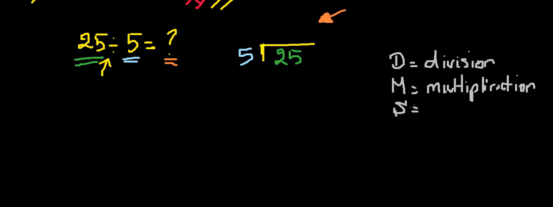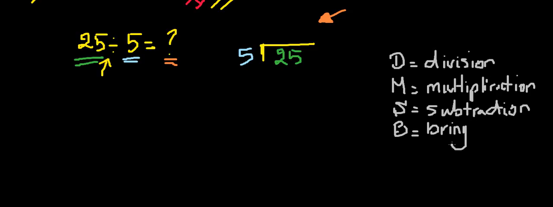First it's good to know all the rules, and step by step we go into it. S stands for subtraction. B stands for bring it down. Now this part may not make sense now, but bear with me. And the R stands for remainder. Okay, so these are my rules: Dad, Mother, Sister, Brother, Robert the dog.